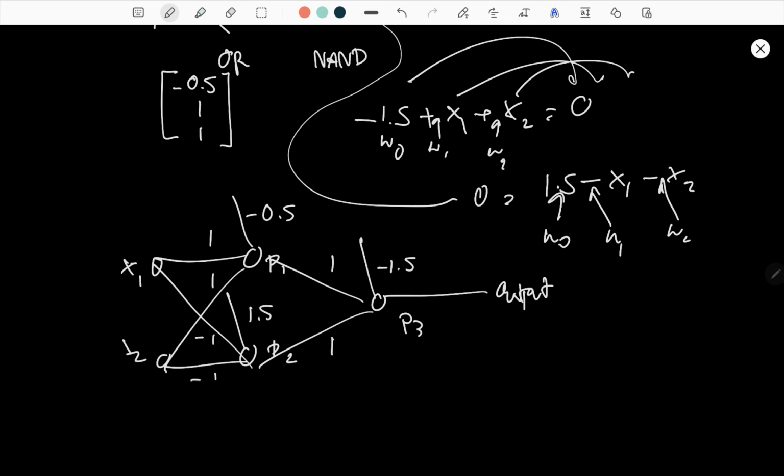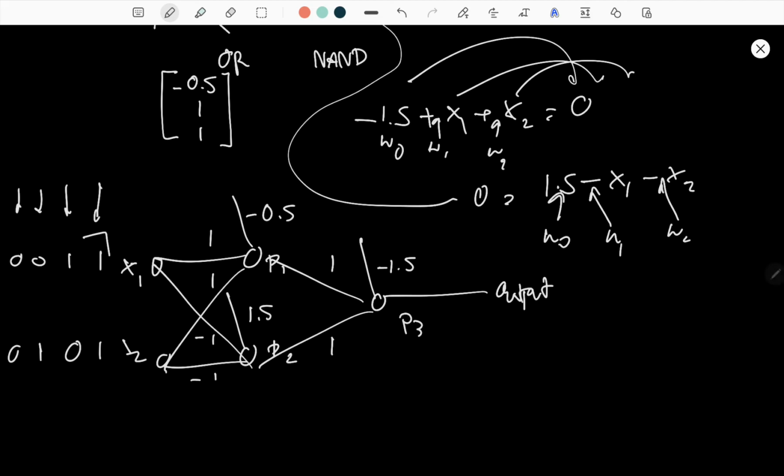You can try to use these weights to test that if you put the input of exclusive OR here, like 0 0, 0 1, 1 0 and 1 1, if you feed these input vectors in, how can you classify the final output?